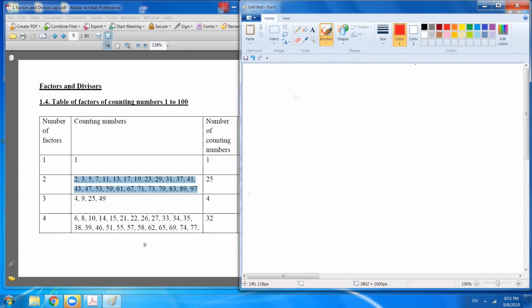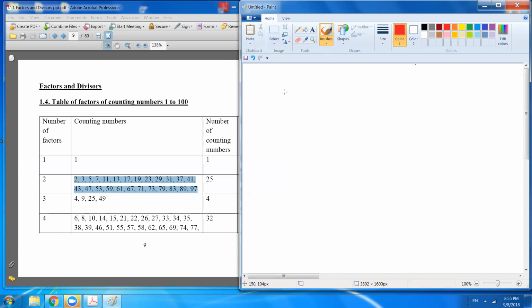1 and itself. And let me ask you, who can memorize all the prime numbers, 2 to 97? You better memorize. From 1 to 100, how many do we have? 25, right? Let me ask you one more question.